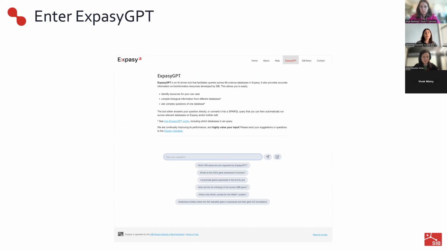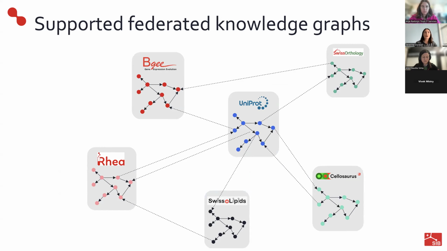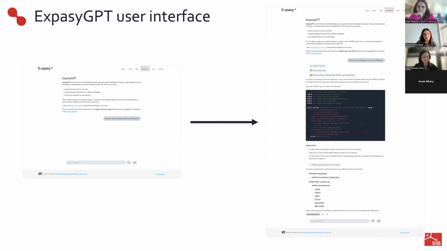And their findings were promising enough so that we started to implement it in ExpASy GPT. Currently, ExpASy GPT supports 6 federated knowledge graphs: Bgee for the gene expression, Rhea for the biochemical reactions, SwissLipids for the lipids, Cellosaurus for the cell lines, SwissOrthology for the orthology, and UniProt for everything related to proteins.